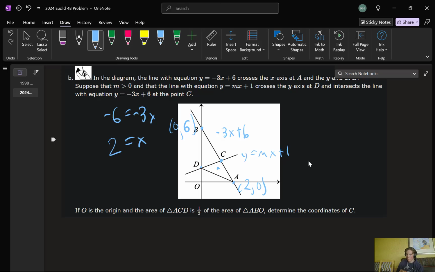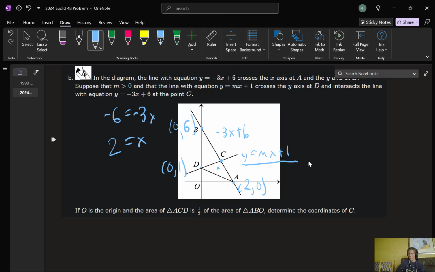And then we also have one other piece of information: the y-intercept, because we can plug in x as 0, and whatever m is, it'll just make it 0. So we know this point, D, is going to be 0, 1. And then what can we draw from the area?